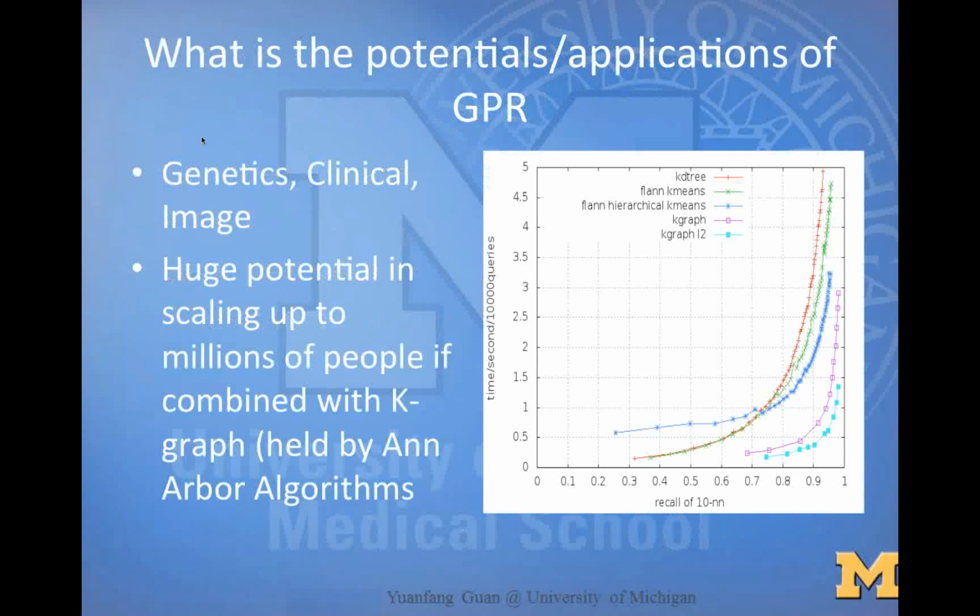Combined with KGraph, the GPR model we developed can be deployed with millions of individuals in a single click on the fly. I think this speed is needed when making instant predictions in clinical settings, but it will be very difficult to achieve by any alternative method.